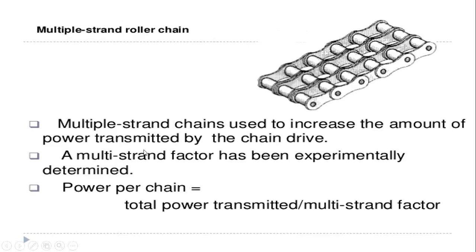Next one is the multiple stranded roller chain. Multiple stranded roller chains are used to increase the amount of power transmitted by the chain drive. When you are going to change the power transmitted, you use this drive, and a multi-strand factor has been experimentally determined.